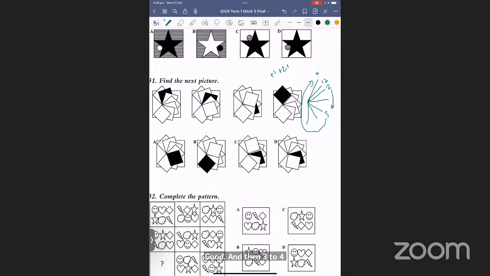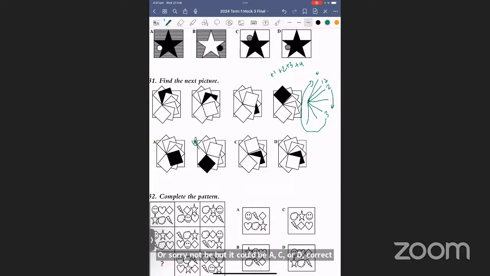It would go to the back. Yeah, but how much does it move by? +3. Yep. And the next one should be? +4. Right. So it goes 1, 2, 3, 4, and it should be in this position here. That means the answer has to be, not B, but it could be A, C, or D, correct? Yes.